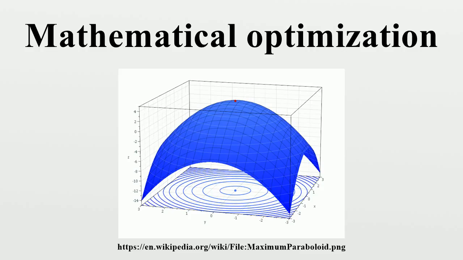Heuristics and meta-heuristics make few or no assumptions about the problem being optimized. Usually, heuristics do not guarantee that any optimal solution need be found. On the other hand, heuristics are used to find approximate solutions for many complicated optimization problems.